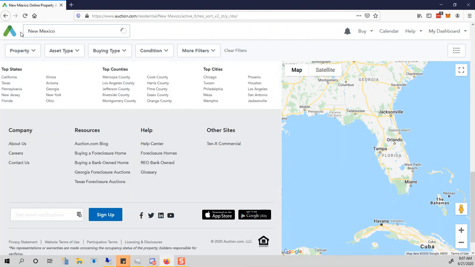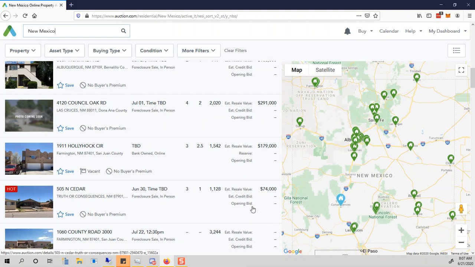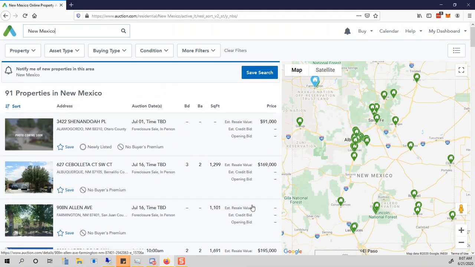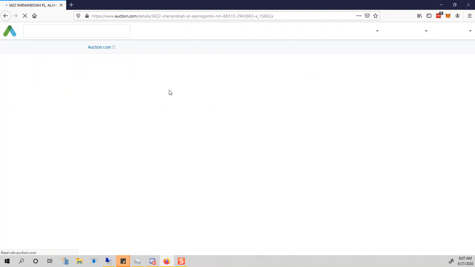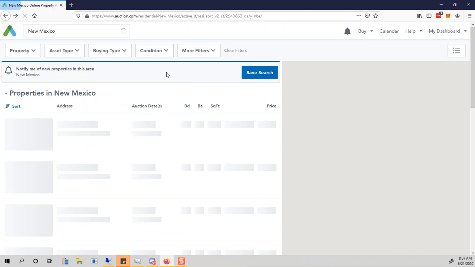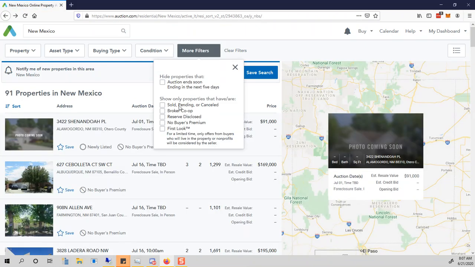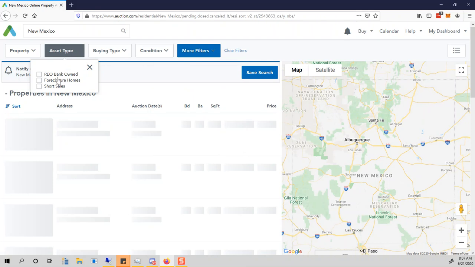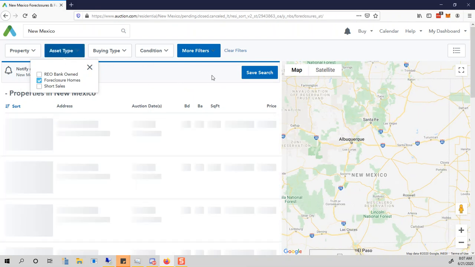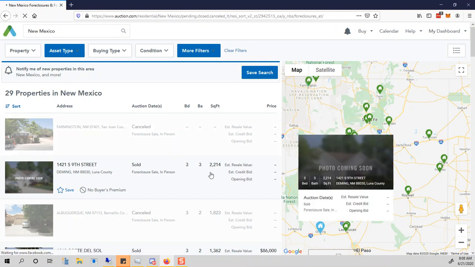I don't know which states do this. Maybe there's a setting we can set up, like a dictionary, to define certain states as ones that pull the loan balance, the loan amount that they took out, and then compare that to the actual sell price on Realty Track. I don't know if there's another situation in New Mexico. New Mexico doesn't have any opening bids, it looks like. Let me filter this. Sold, it doesn't say anything.